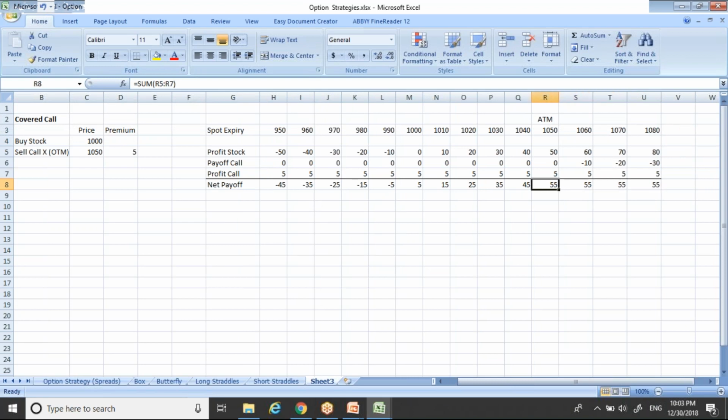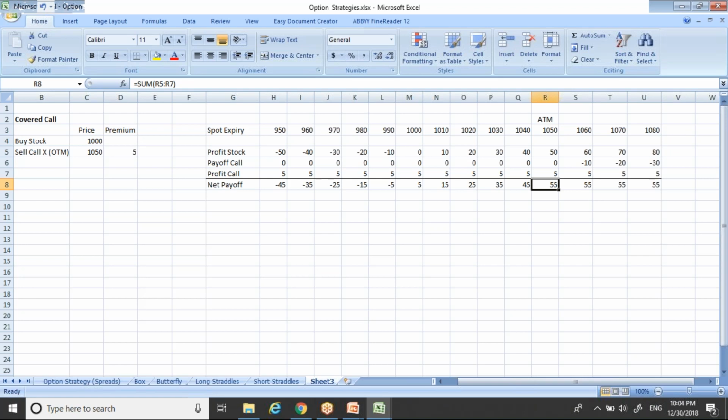Second benefit is if you believe that today market price is 1000 and this month maximum movement for the price could be 5%. So that is around 1050. So you believe the price will not go beyond 1050. So you sell the call option at 1050.